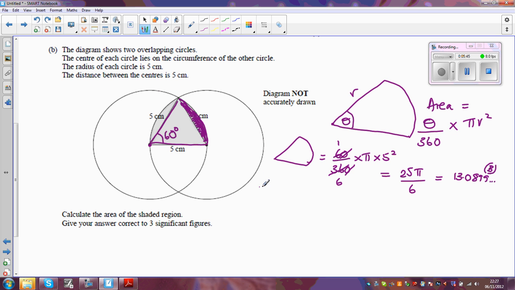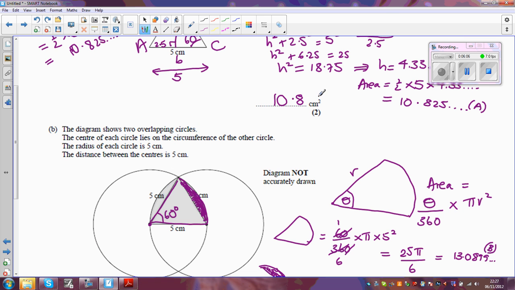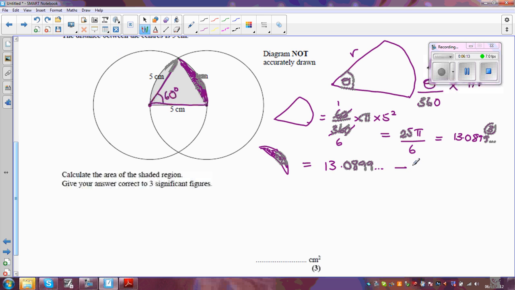That shaded area that I've just shaded in like that is the area of this sector, so that's my 13.089 that I've saved in my memory. Take away the area of the equilateral triangle. I mustn't use 10.8. The exact area of the equilateral triangle was 10.825 that I've saved in the memory of my calculator. If you don't know how to use your memory, learn.